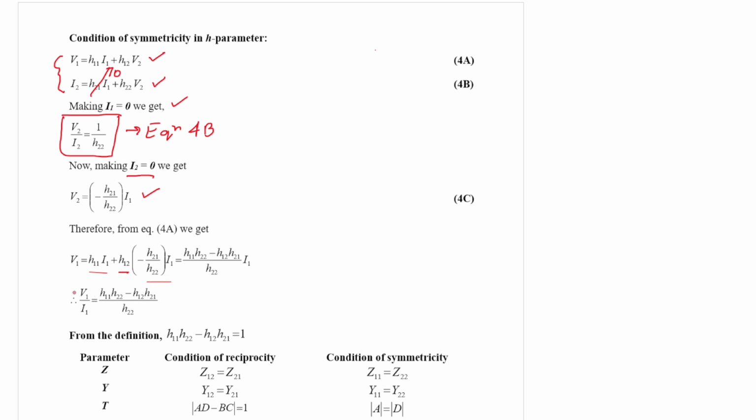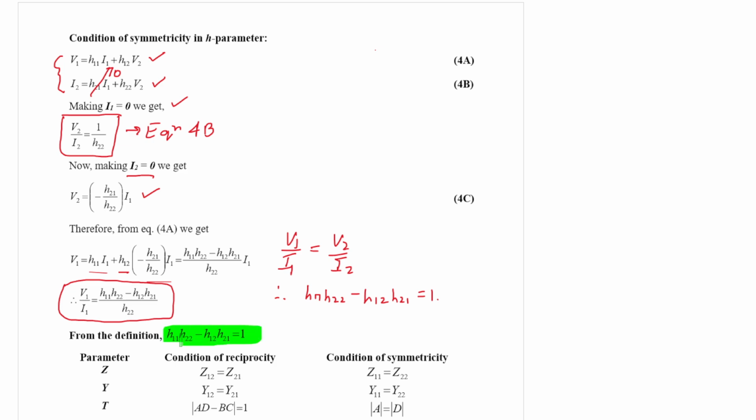If you solve, you get V1 by I1 is equal to H11 H22 minus H12 H21 divided by H22. Comparing V1 by I1 and V2 by I2, we get H11 H22 minus H12 H21 must be equal to 1. So this is the condition.